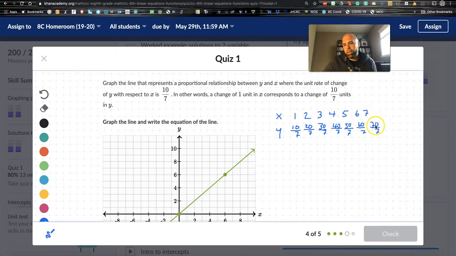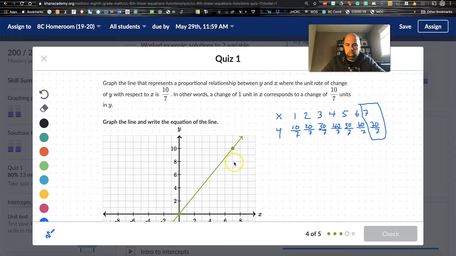So x is 7. X is 7, and y is, yeah, this is right. Y is 70 over 7, or 10, right? So we kind of had that value right at the beginning, but okay, x is 7, so let's make sure this is lined up correctly.